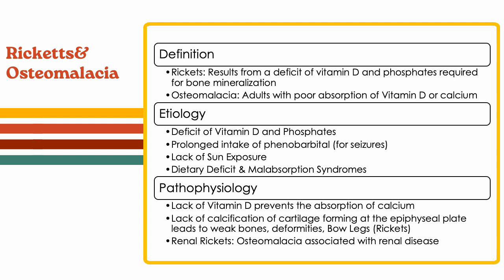Sometimes you can have something called renal rickets, which is osteomalacia resulting from severe renal disease. And we'll see this with more so end-stage renal patients, and we would have to replace them because they're not physically able to resorb vitamin D or calcium.